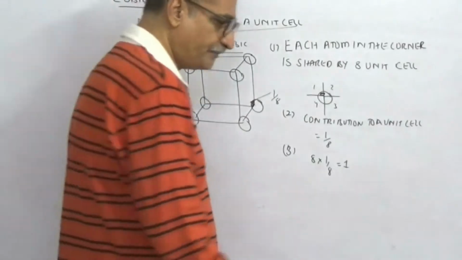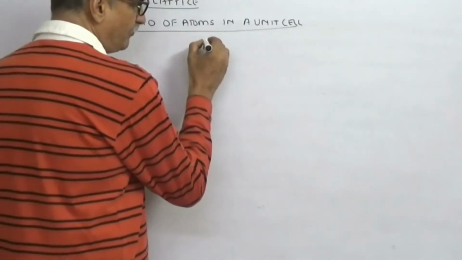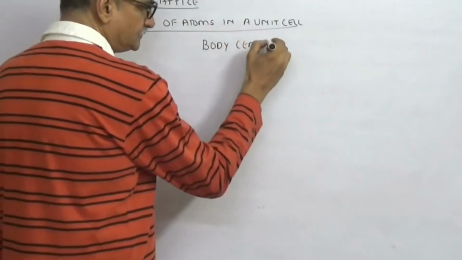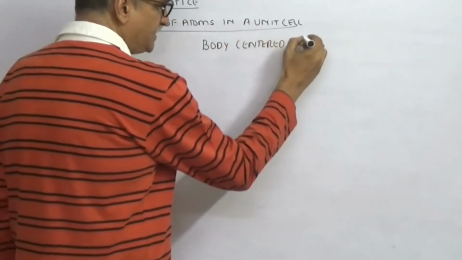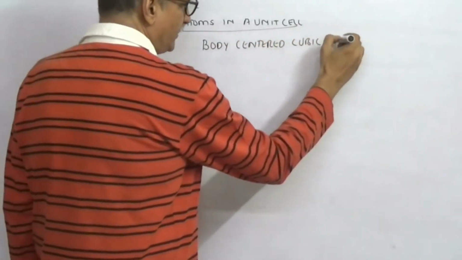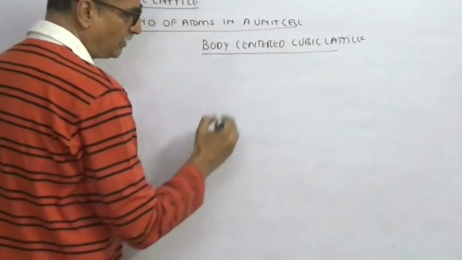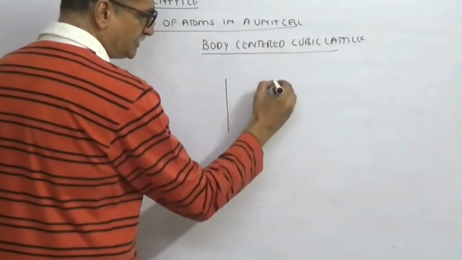In the same way, we will now talk about the body centered cubic lattice. So how do we draw the structure of a body centered cubic lattice?